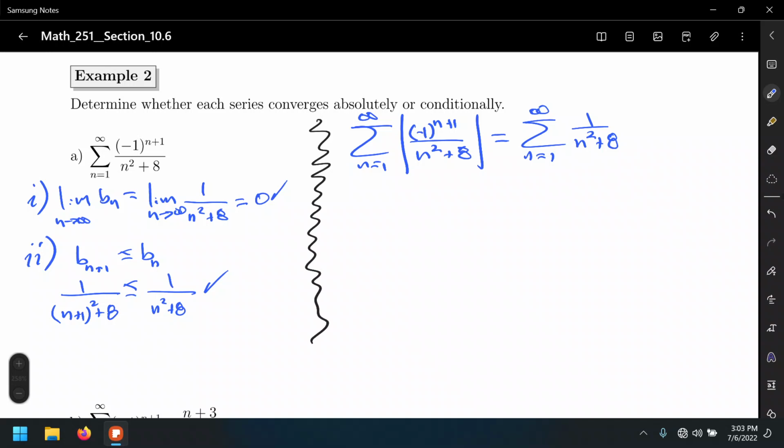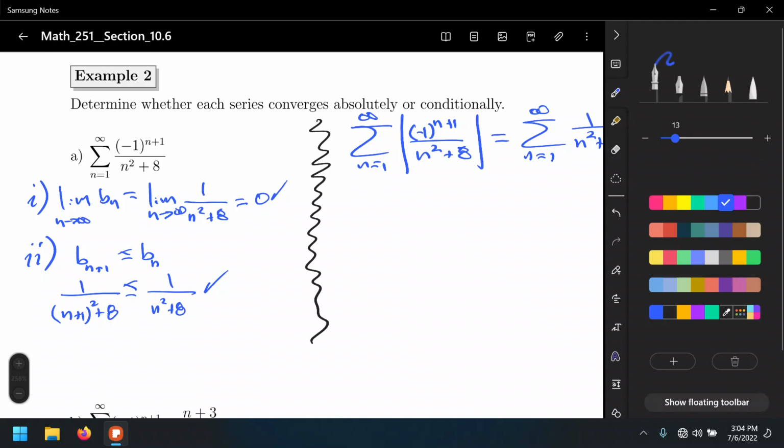However, with that plus 8, we need a comparison test, and in this case, use the comparison test that works best for you, or the shortest one. I'm going to use the direct comparison because the limit comparison is going to make me write a bit more. But of course you can use the limit comparison test. In fact, both of them work.